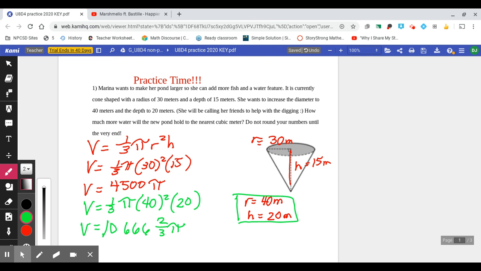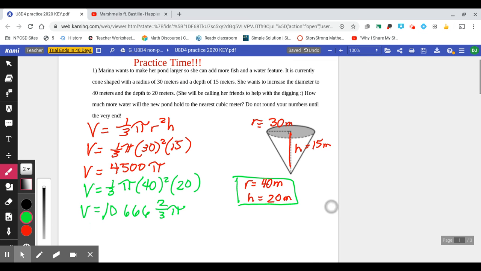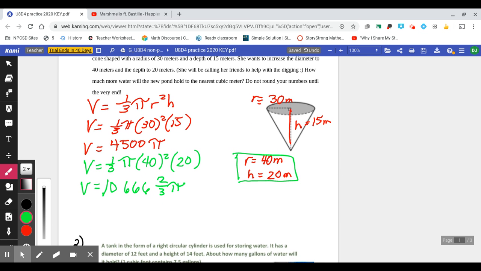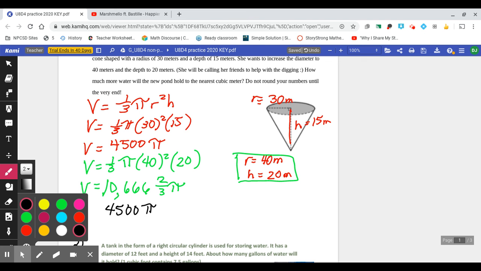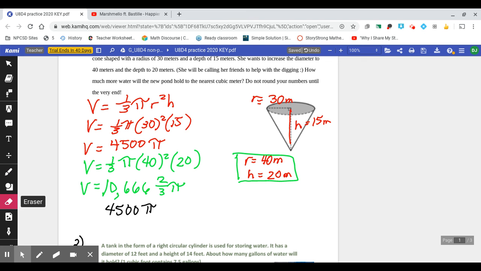Now, to finish the problem, the problem is asking how much more water it holds. What is the difference between the 4,500 pi and the almost 10,667 pi? So now we have to subtract, and that's where leaving it in terms of pi is very nice. Oh, I'm sorry, I did not want to write that one first.